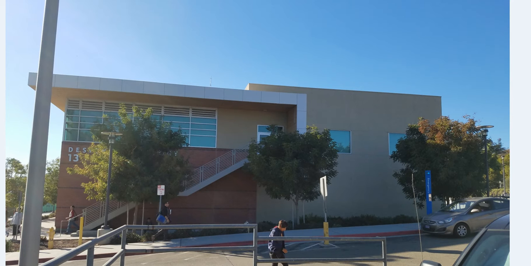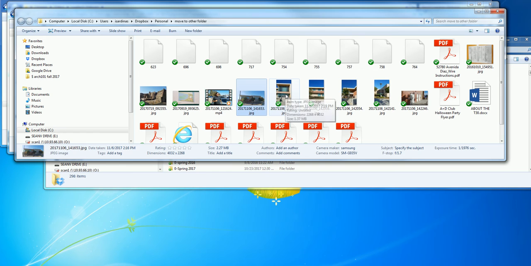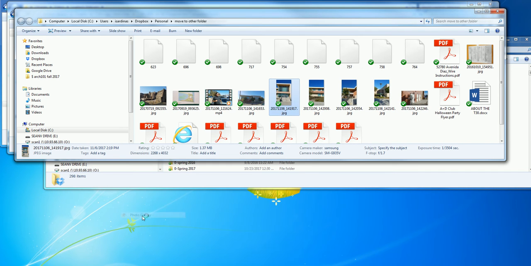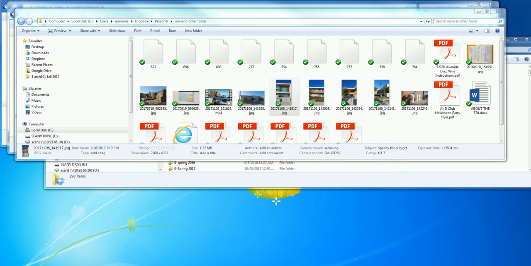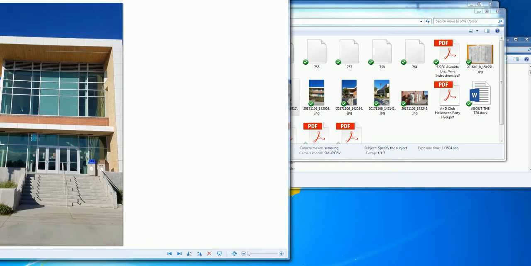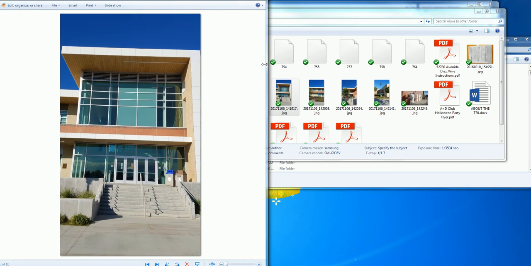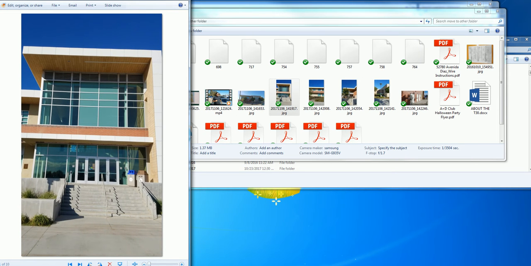So here, I'll put it up right there, and then let me see if I can open two of them at the same time. There's one.